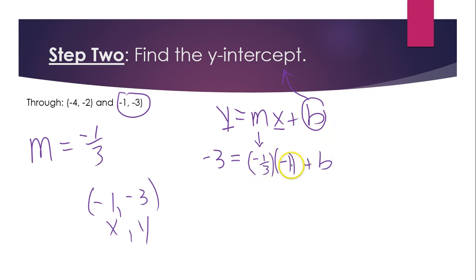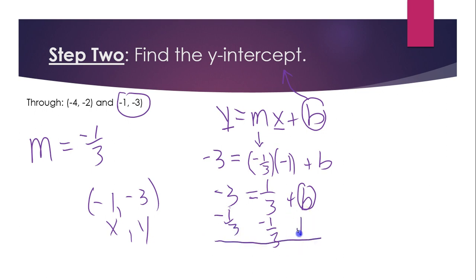My -1/3 times -1 is +1/3. And again, I'm solving for b, so I'm going to have to subtract 1/3 from both sides to get that b isolated. So we've got to figure out what -3 minus 1/3 is.